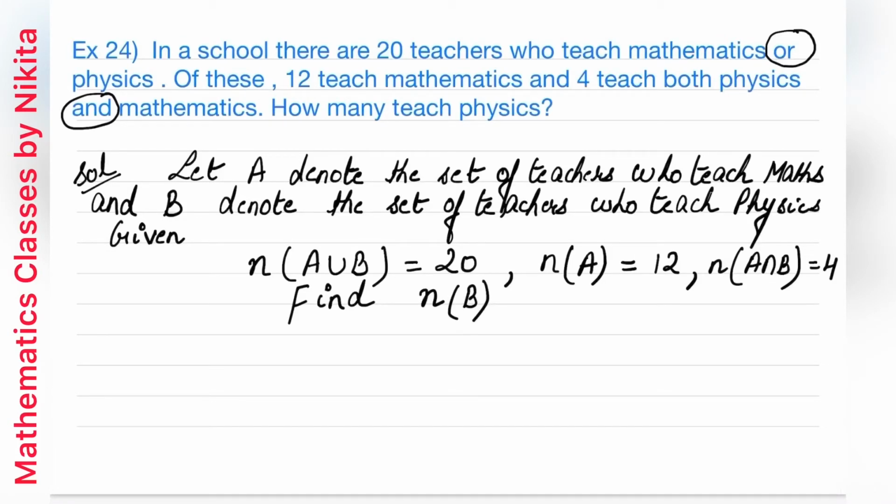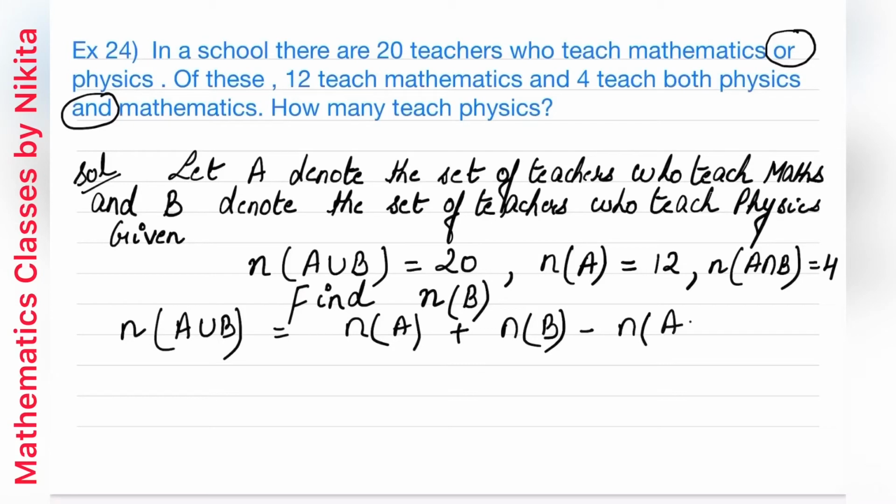So again we know that using formula 2, this is equal to n of A plus n of B minus n of A intersection B. Just put the values. We have 20 is equal to 12 plus n of B minus 4.